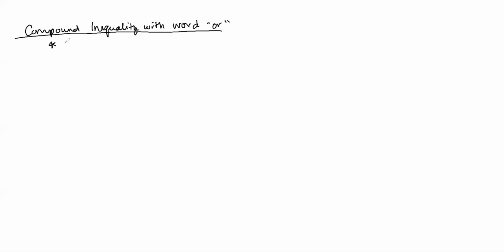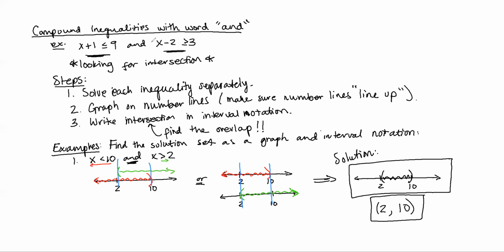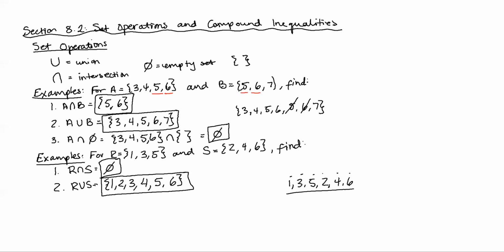This or is the same thing as looking for the union. So remember way back here, where is it? There we go. When we were looking for the union, we were looking for everything that was included in both sets. We'll be doing the same thing here where you kind of join the two sets together.